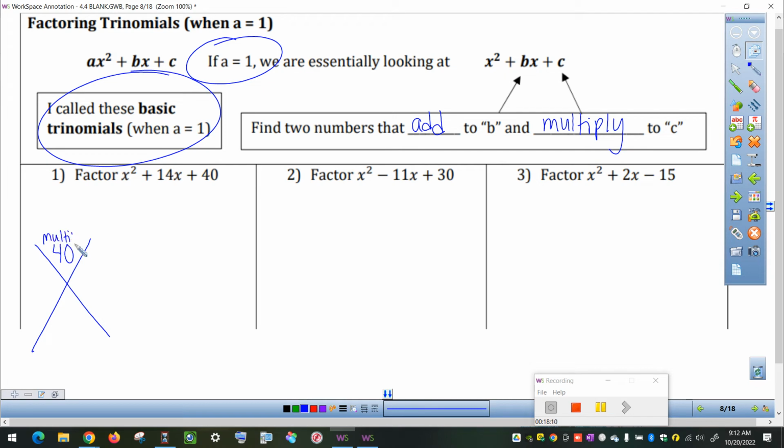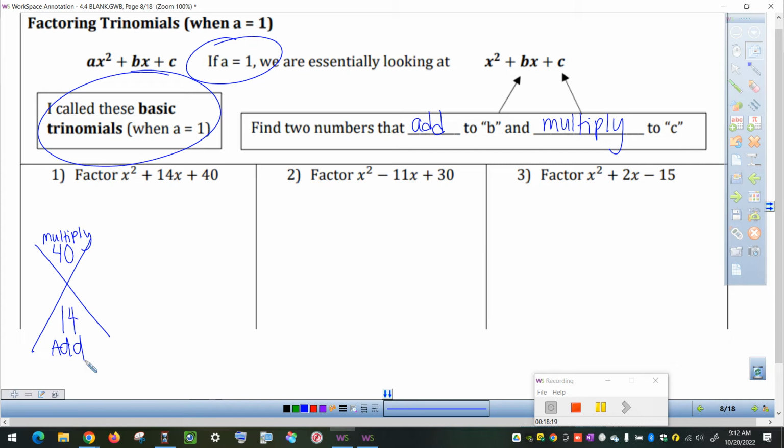So I'm thinking to myself, I need to find two numbers that multiply to 40. And whatever number it adds up to, I'm always going to put on the bottom. Two numbers that add to 14, and at the same time multiply to 40. Can anyone think of two numbers here that meet both requirements? What do we get, Sheila?